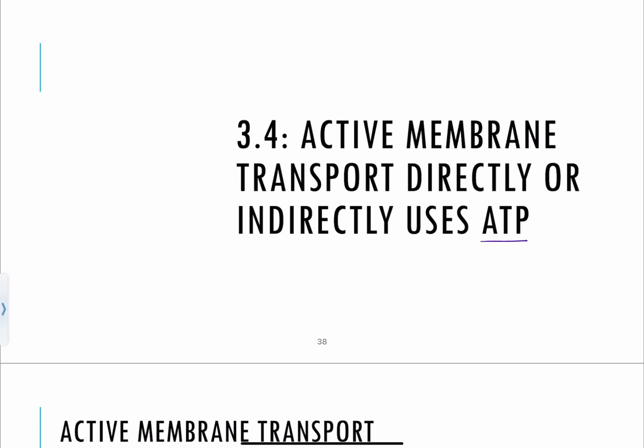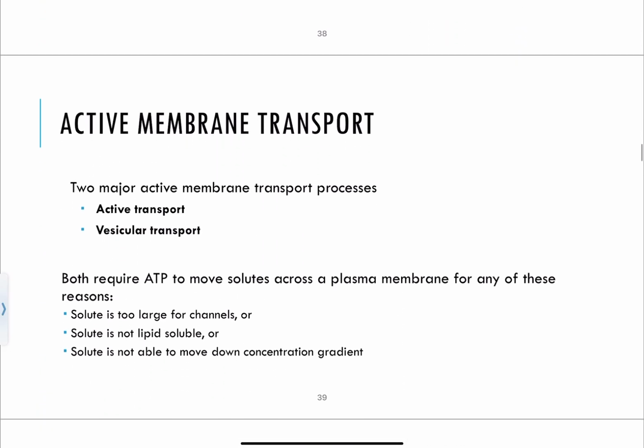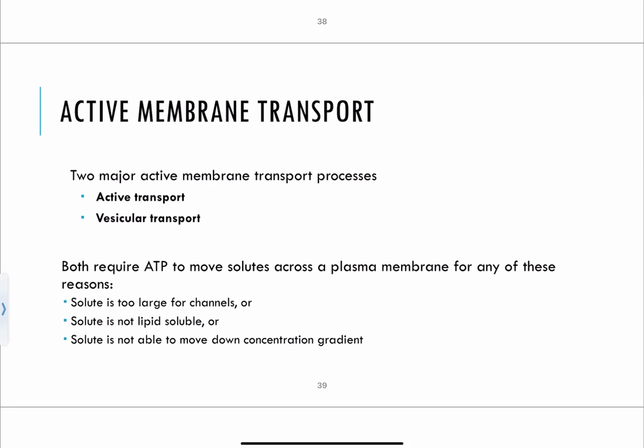Active transport is going to require energy, and a lot of times this is because we are moving substances against their concentration gradient. So from an area of low solute concentration to an area of high solute concentration.